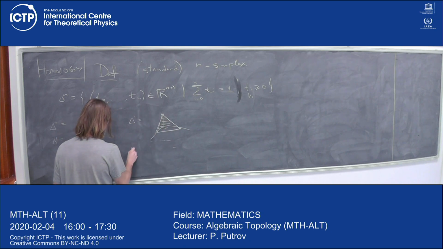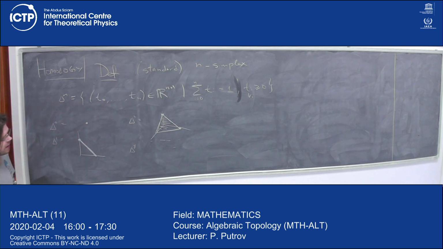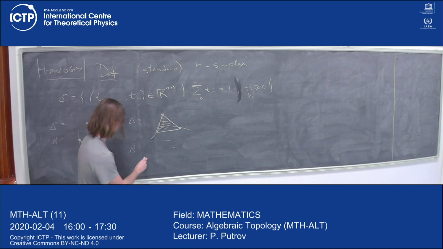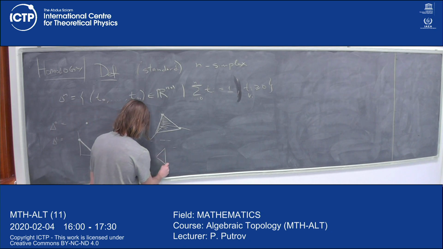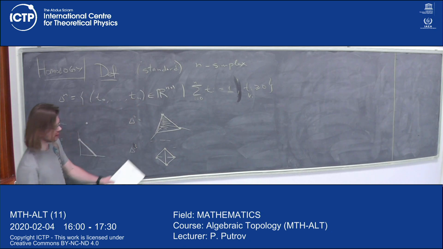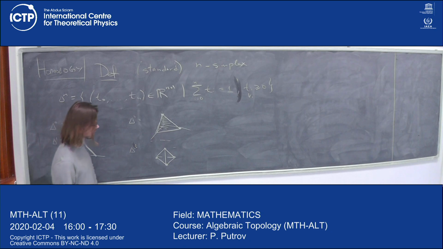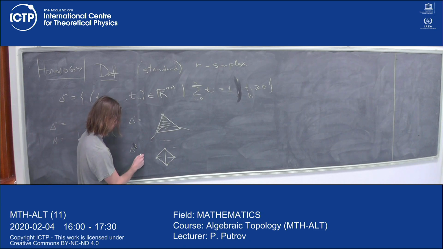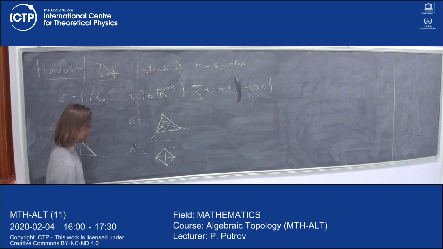Delta 3 is hard to visualize as a subspace in R^4, but it's homeomorphic to the tetrahedron in 3 dimensions, and so on.